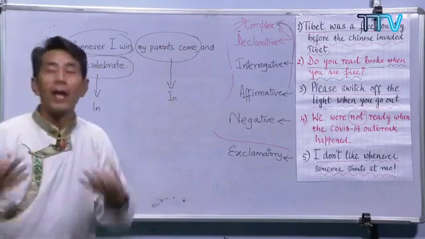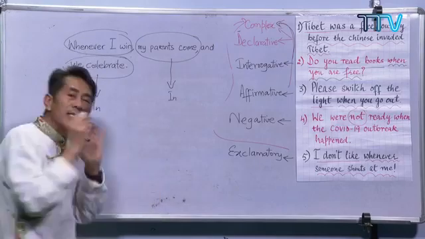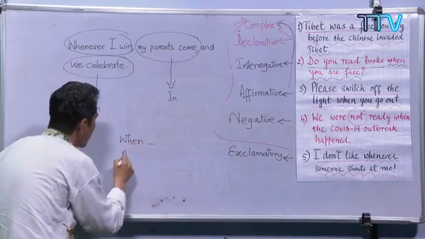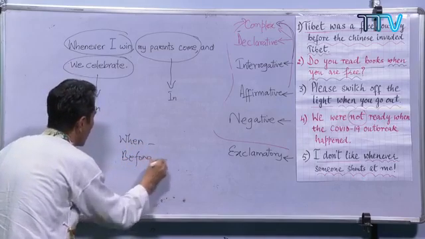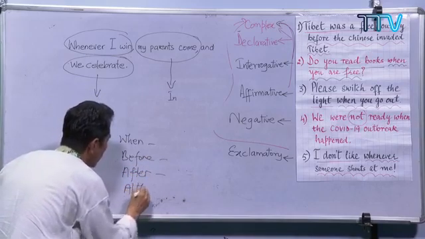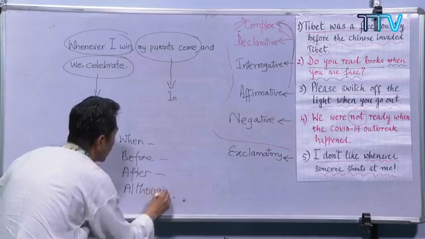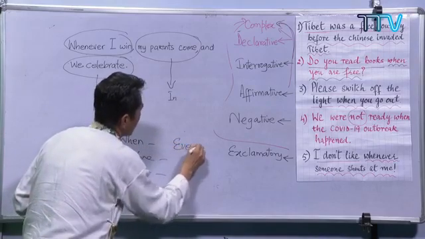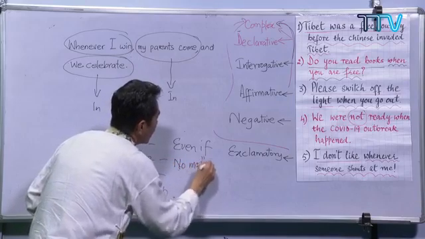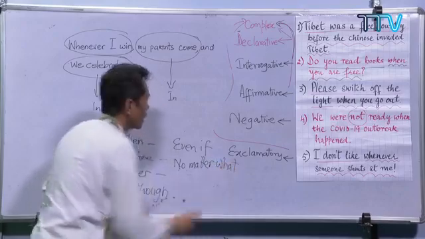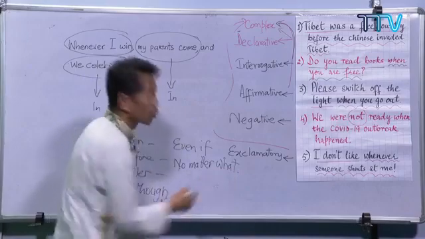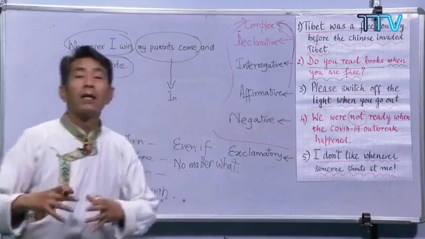Whenever I win. Whenever a sentence begins with when, before, after, although, even if, no matter what, and there are so many other words like these, we have to put a comma because this does not make complete sense.